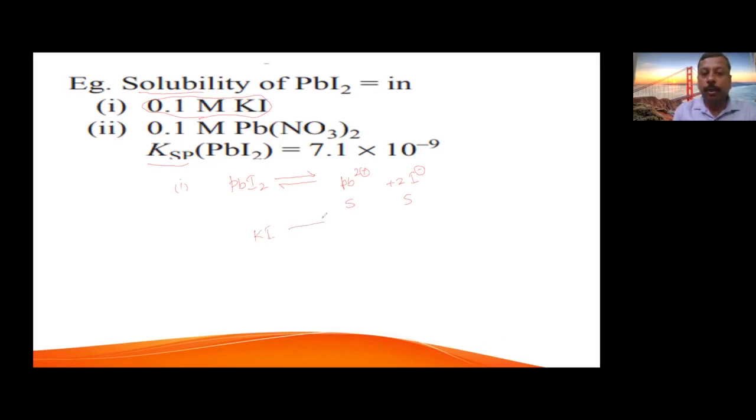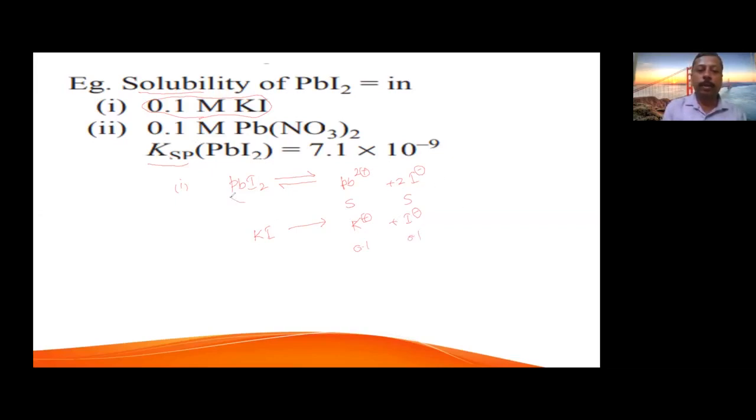KI dissolves to form K plus and I minus. Here I have used a single arrow. Single arrow means it is completely soluble. So whatever the 0.1 given here, it is 0.1 for K plus and also 0.1 for I minus.